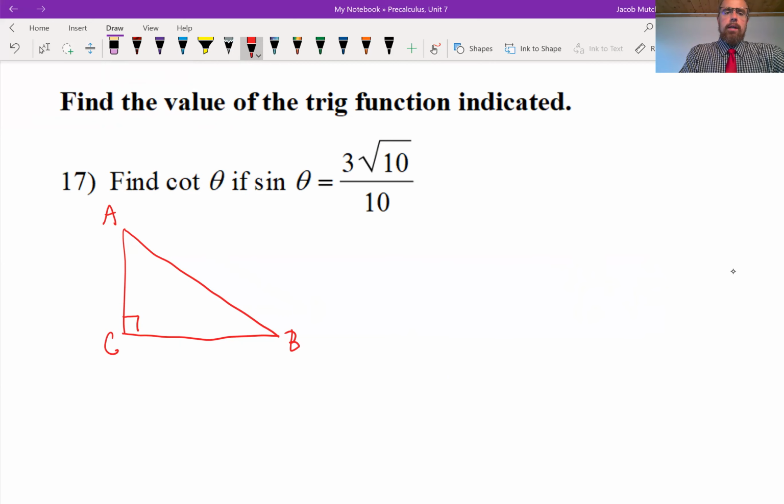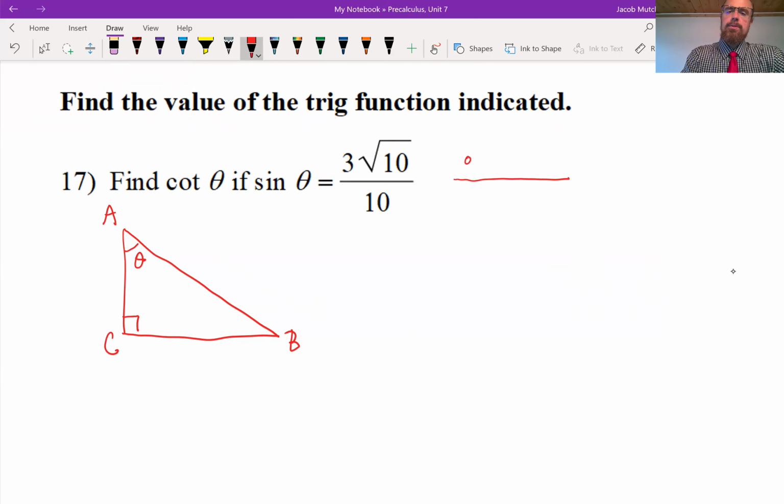And let's just locate where we're saying theta is. So let's just call theta here angle A. So I'm going to use this ratio for sine. And what I need to remember is how we would have calculated it.